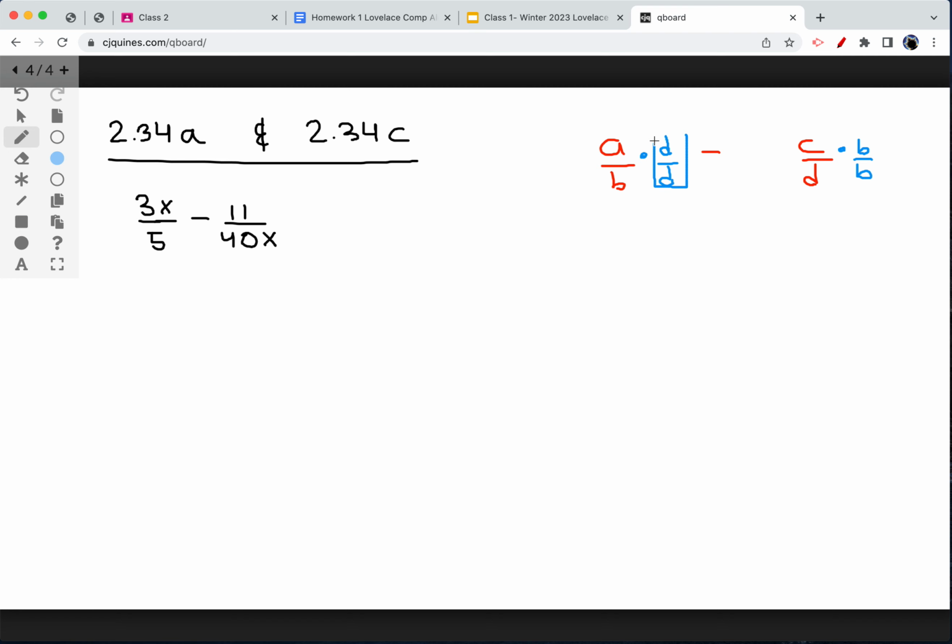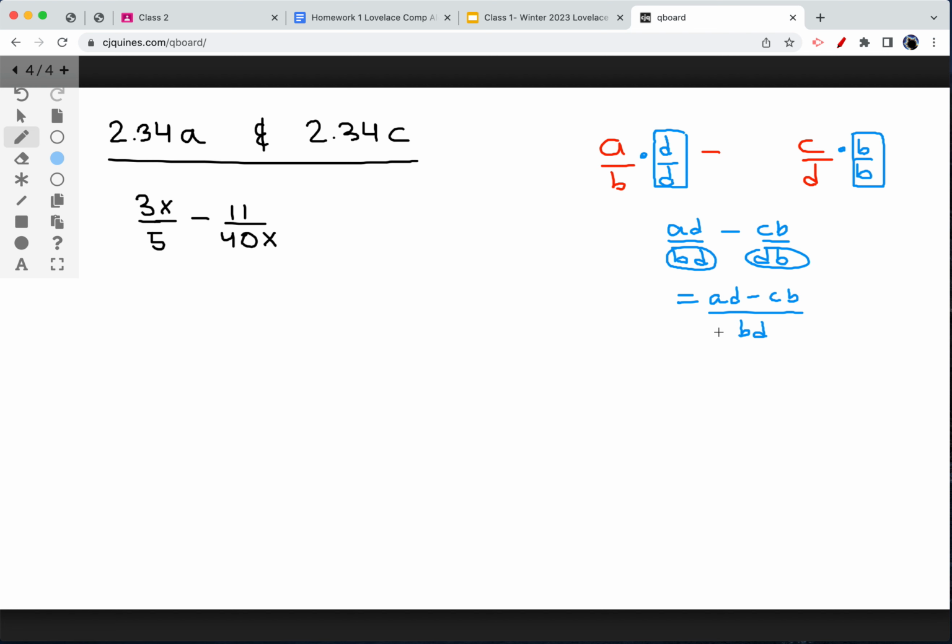So it doesn't matter if we multiply it by this, since anything times 1 is just itself. So now we have AD over BD minus CB over DB. And this is just equal to AD minus CB over the common denominator, which is BD.